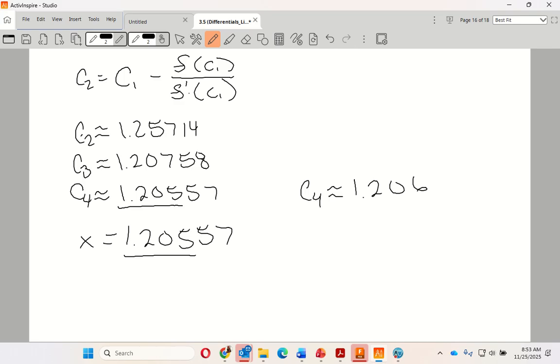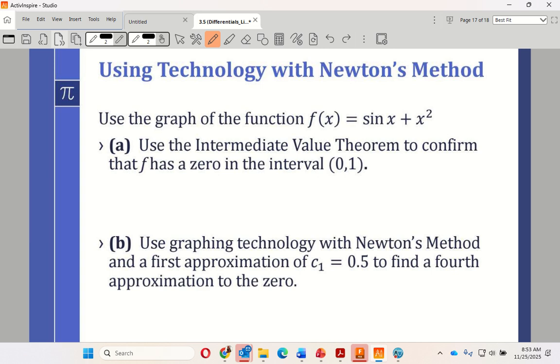All right, let's see. I think that's it. Oh, okay, graphing. So more calculator. Use the intermediate value theorem to confirm that f has a 0 in the interval from 0 to 1.